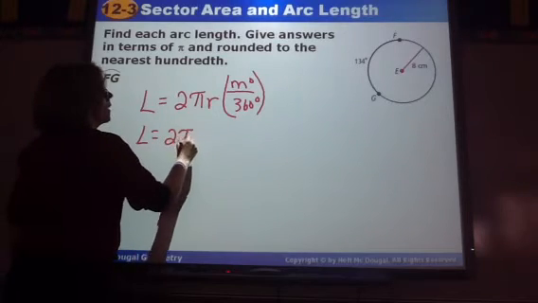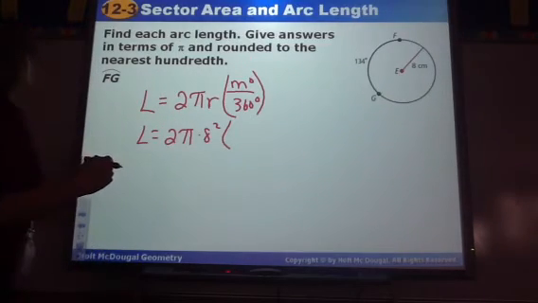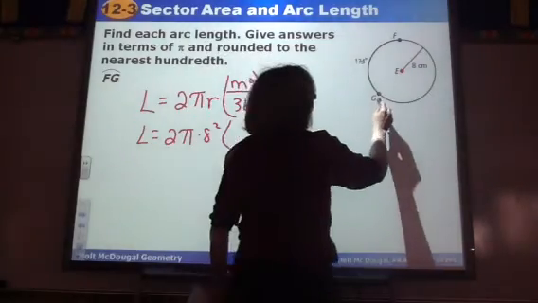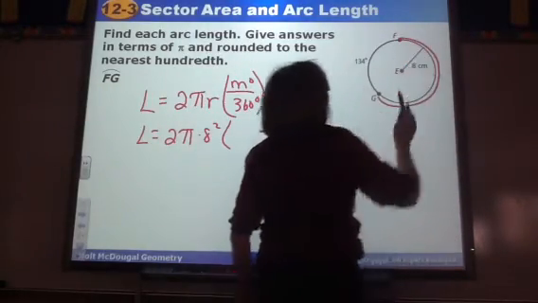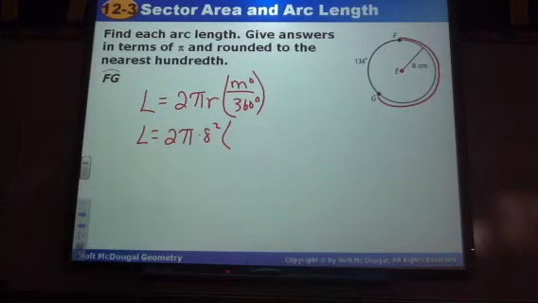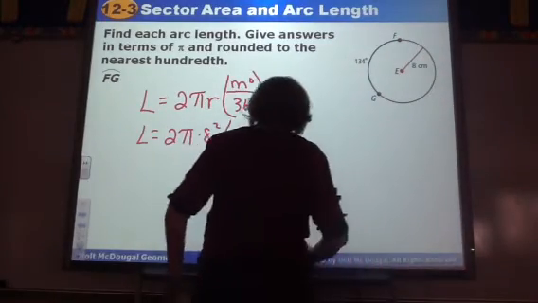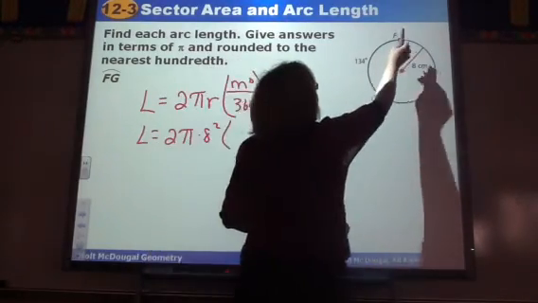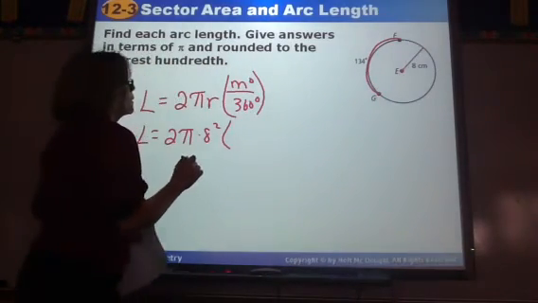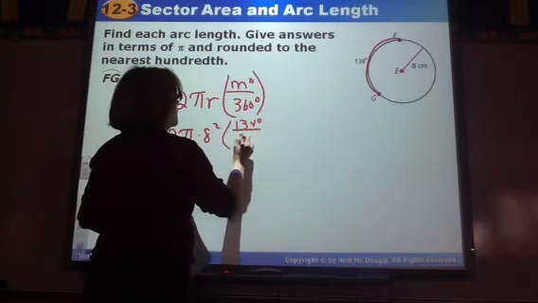So 2 pi, radius is given. And let's see, we're trying to find this right here. Actually, no, back up. We're trying to find this right here. Okay? So that arc degree is 134 divided by 360.